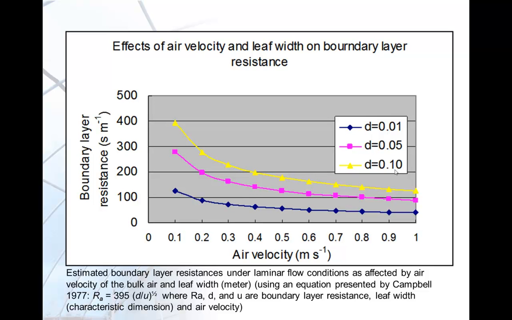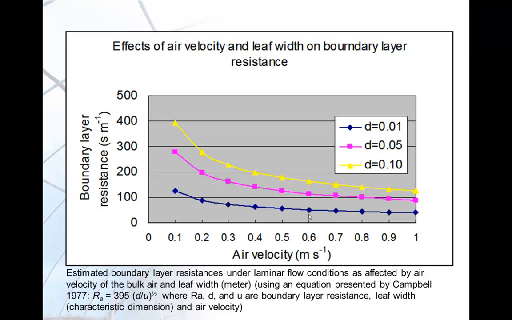As I showed you in the previous slide, the distance from the windward edge to the current location affects the boundary layer thickness at that location of the plane. You can interpret that as the size of the leaf affecting boundary layer, or average boundary layer resistance or thickness, because the larger the leaf with regard to the direction of the wind flow, the thicker the boundary layer that develops.